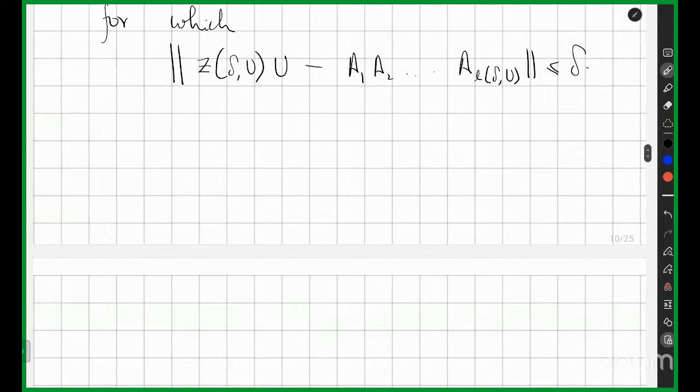So I think Kitaev was the first to show this, in 97. This paper is from 97. I think he showed it earlier.